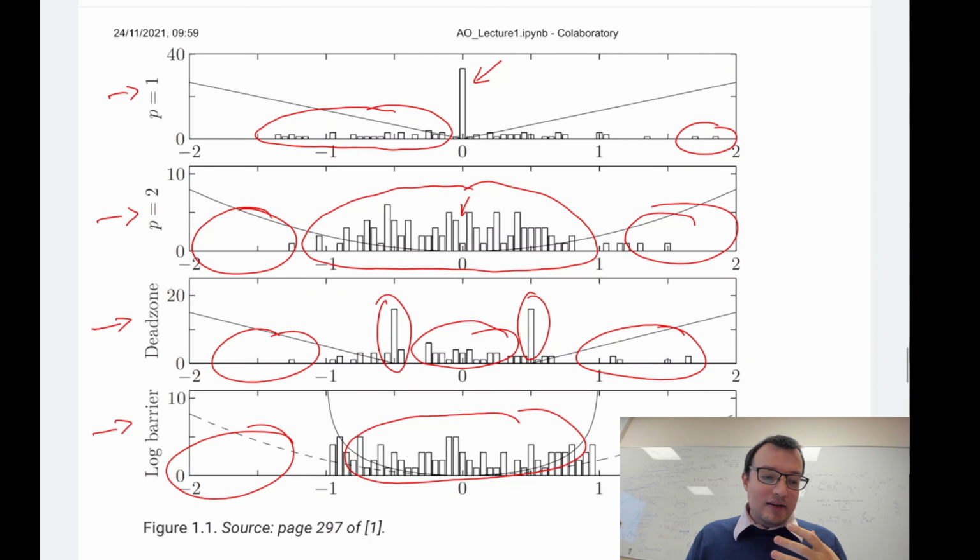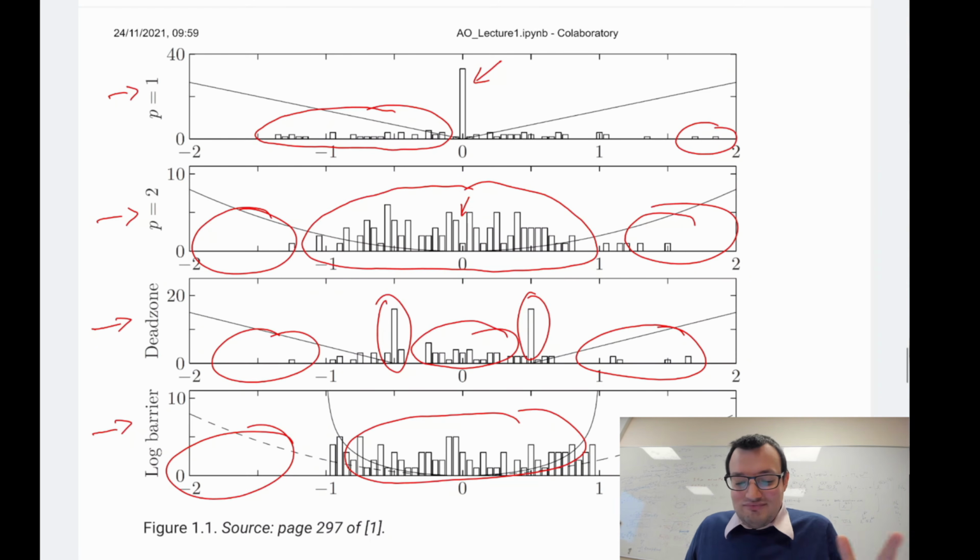Because depending on how you formulate a problem, you may have a solution or not, for instance, or the solution may have a different meaning. And the other important message is that the solution of the convex optimization problem, or in general of an optimization problem, depends on how you design the problem. In this case, we are looking at penalty functions.